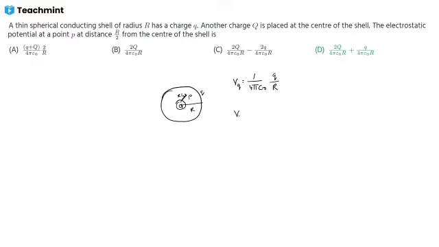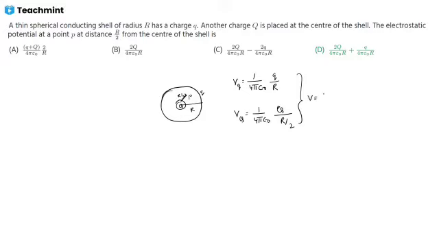Now, what is the potential because of the capital Q at a point P, which is at a distance r by 2? It is 1 by 4 pi epsilon naught capital Q divided by r by 2. Now if you add these two, we will get the potential at that particular point.